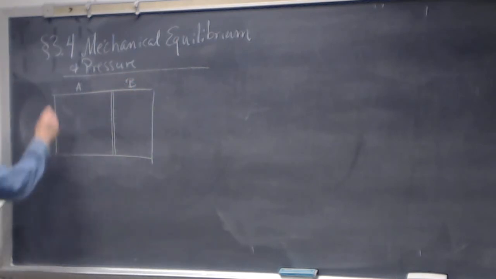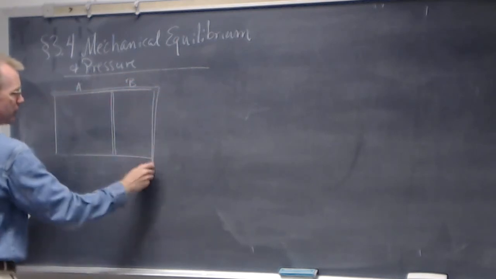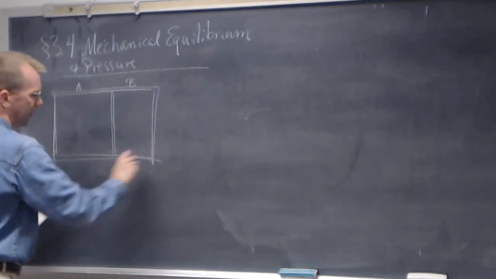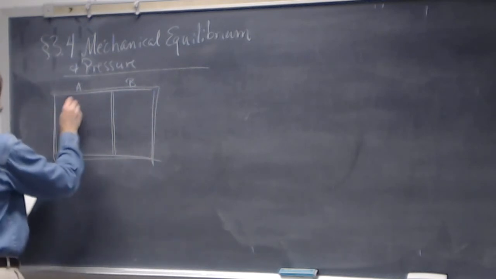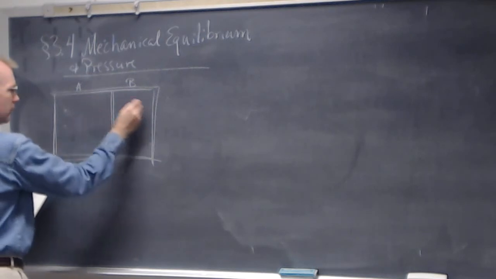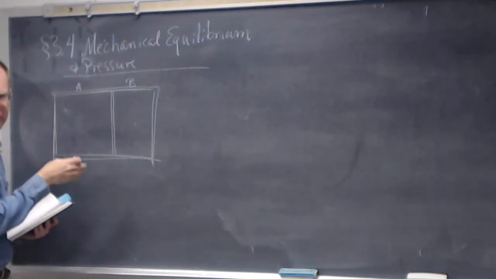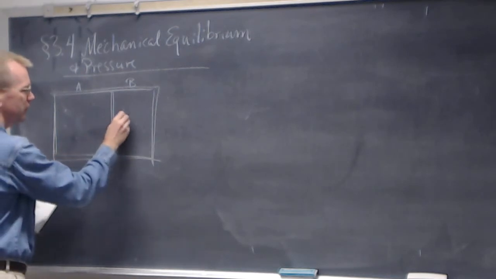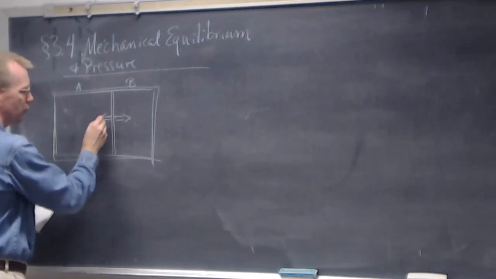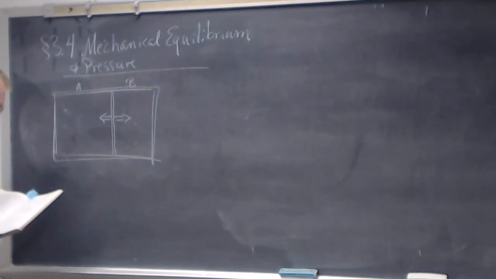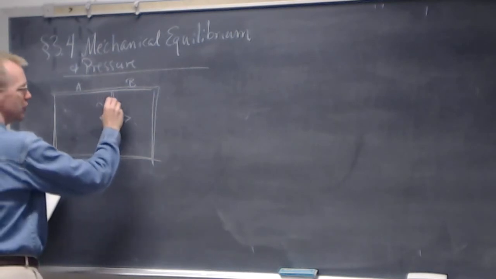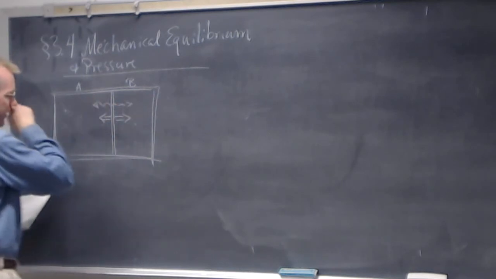So if my isolated system has two parts, A and B, with a dividing wall between them, like a piston and cylinder, which can slide freely left or right, and they can exchange energy.